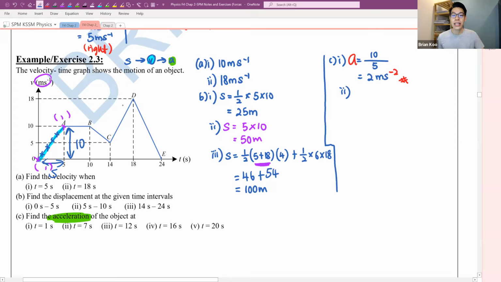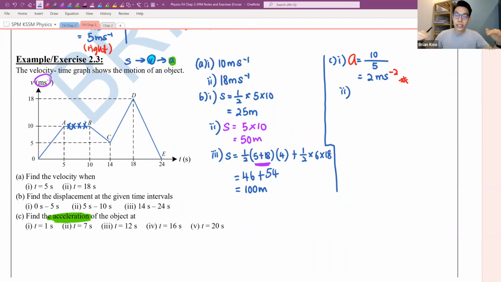Okay, part 2. Now I want to find out the acceleration at the 7 second. If the question asks you for the acceleration at the 7 second, at the 6 second, at the 8 or 9 second, it's all going to be the same value because it's the same straight line. Does this one have acceleration? Actually, 0.